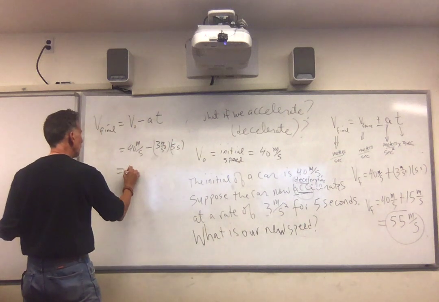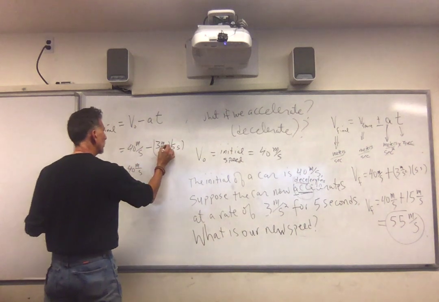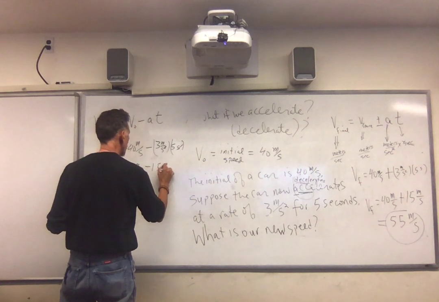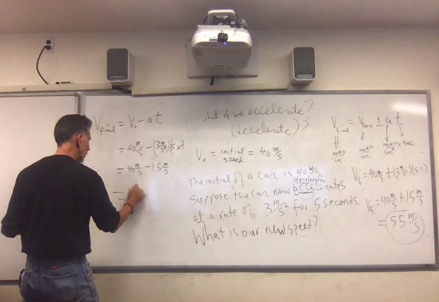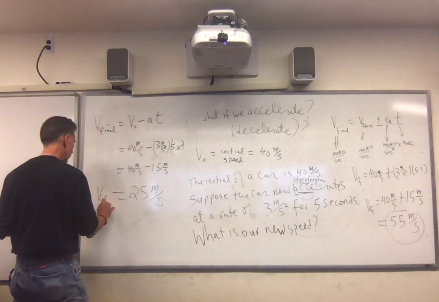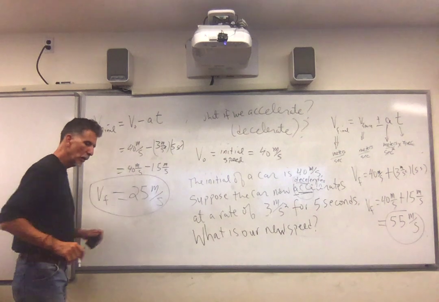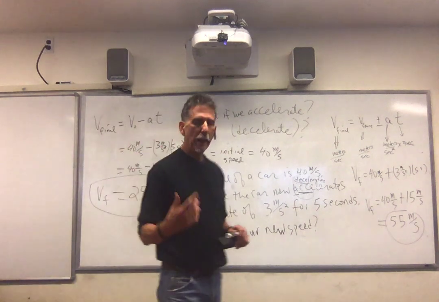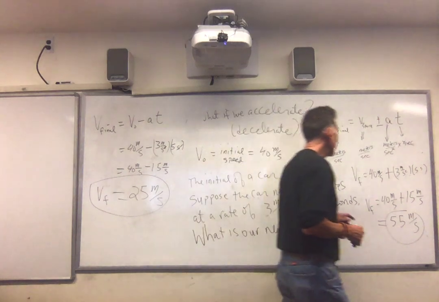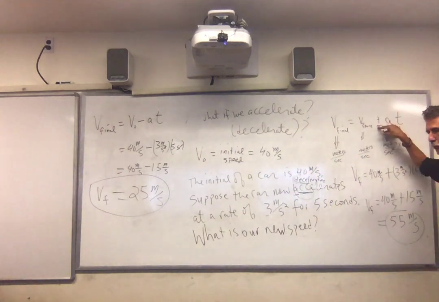So we get 40 meters per second, seconds cancel out, minus 15 meters per second, and there our answer is 25 meters per second. That's our final speed. So if you accelerate, you add, and if you decelerate, you subtract. That's why here I put the plus or minus.